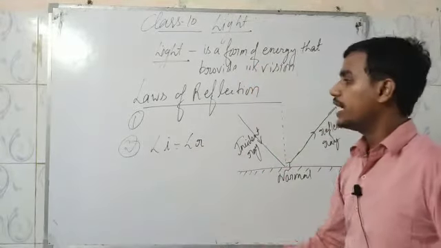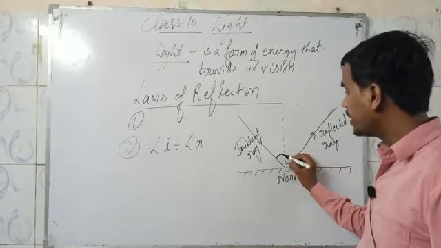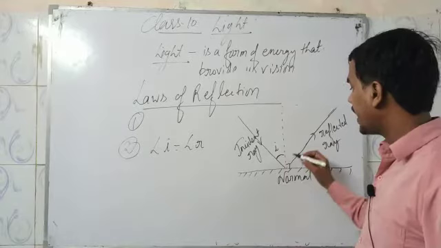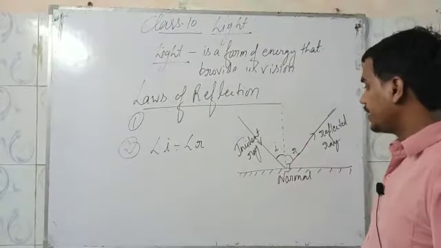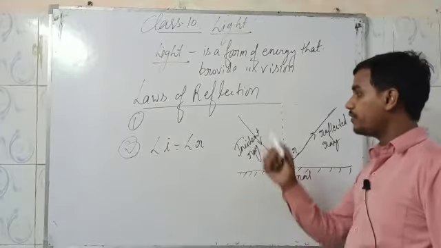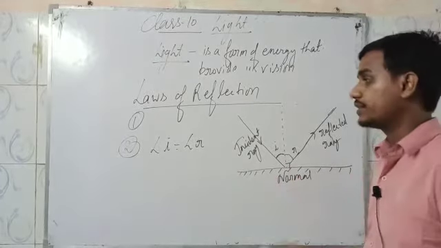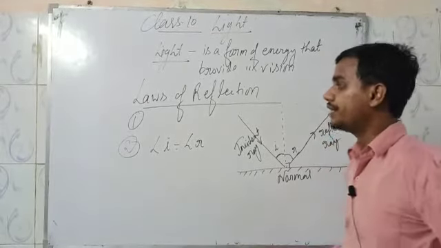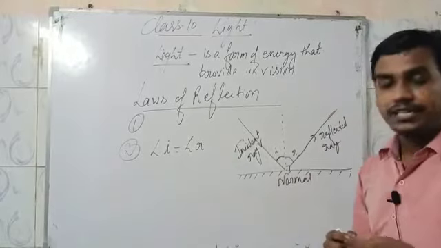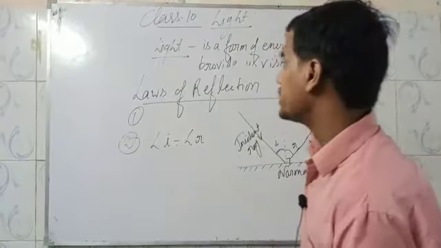The angle between the incident ray and the normal is the angle of incidence, and the angle between the normal and the reflected ray is known as the angle of reflection. By the law, angle i is always equal to angle r. This must be satisfied if a light ray shows reflection.